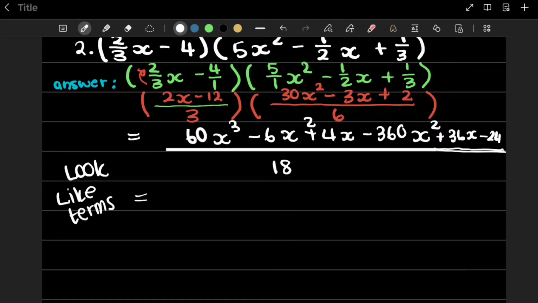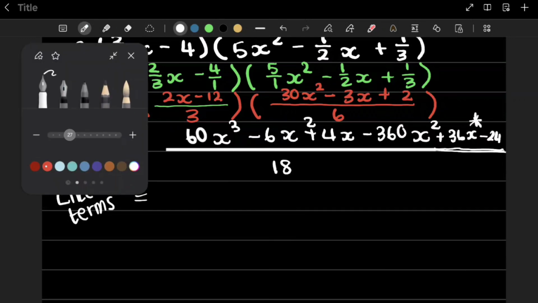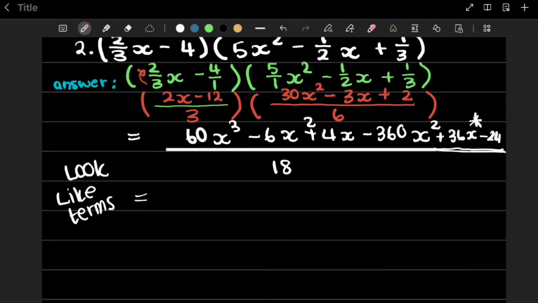Oh, but before you look for like terms, you need to see if there's any way you could simplify this. And there is. If you just divided each term by 2, this expression would be simplified.